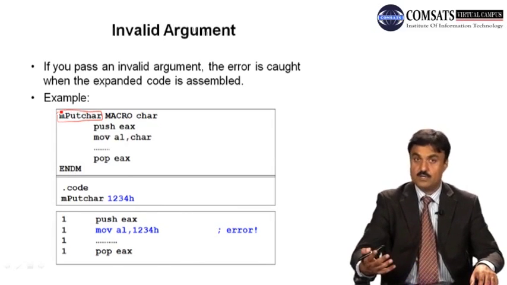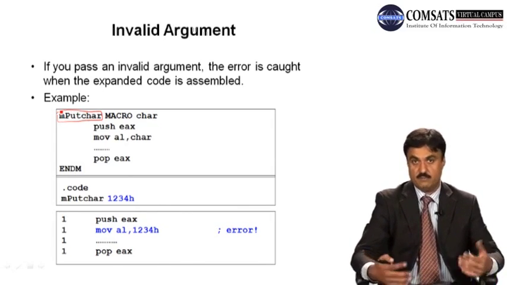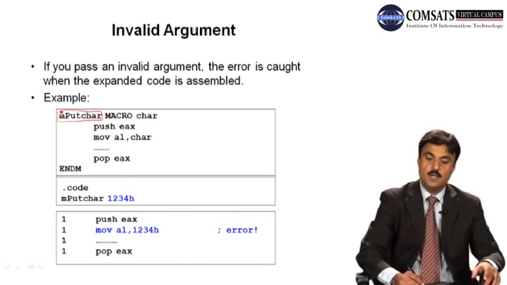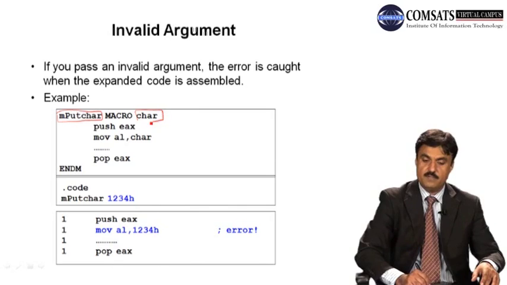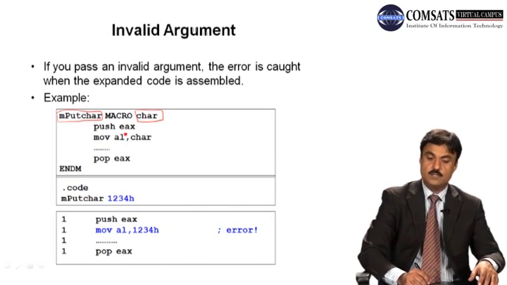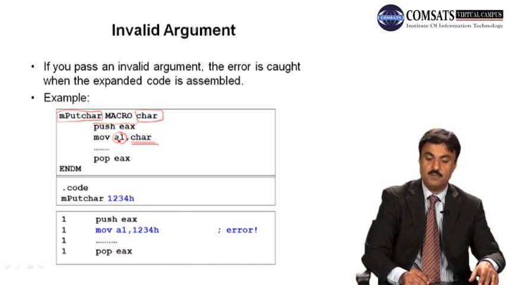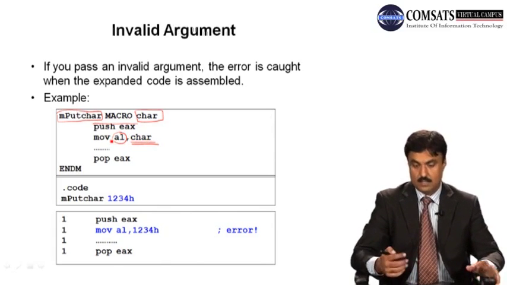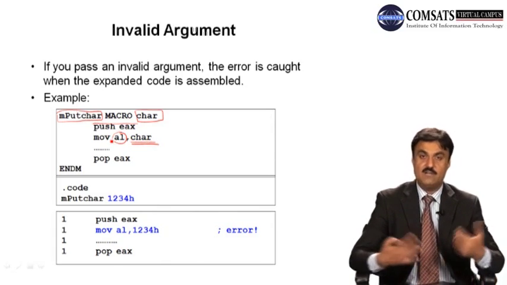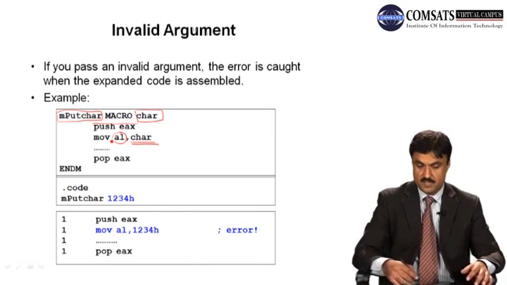Whatever the function of this macro is, for example, it prints the character, and there is one parameter being passed called char. So we push eax and then we pop EX. And here we assign this 1 byte value to AL, and this AL value will be printed somewhere.